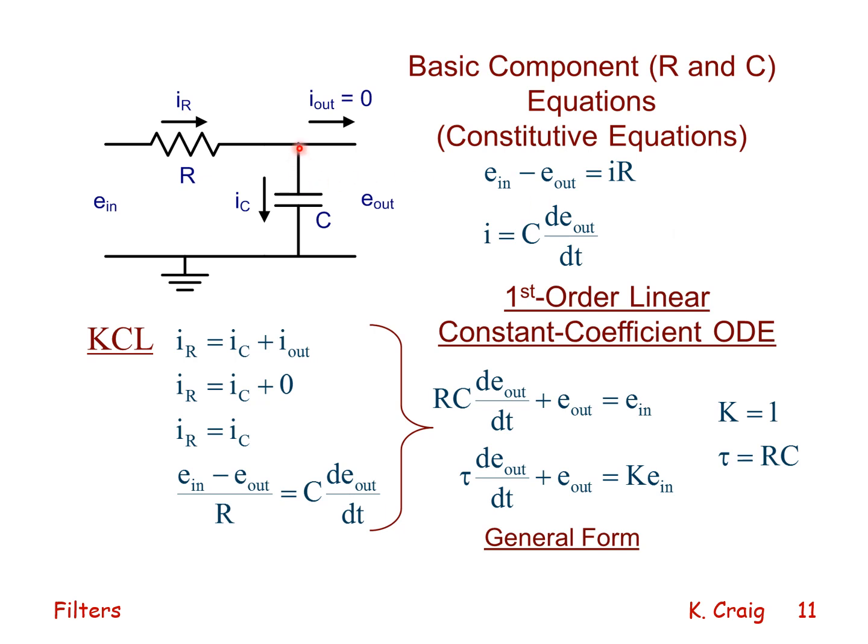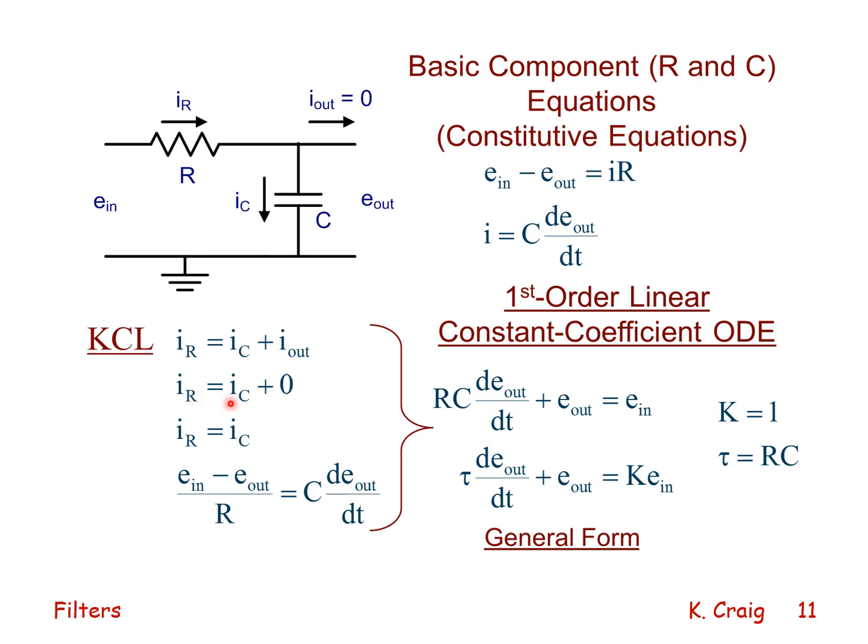If I apply Kirchhoff's current law to this node, the current going into the node, I sub R, equals the current going through the capacitor, I sub C, plus I out. But I assume I out is 0, and in doing so, I assume there's nothing connected here, so there's no loading of this RC low-pass filter.